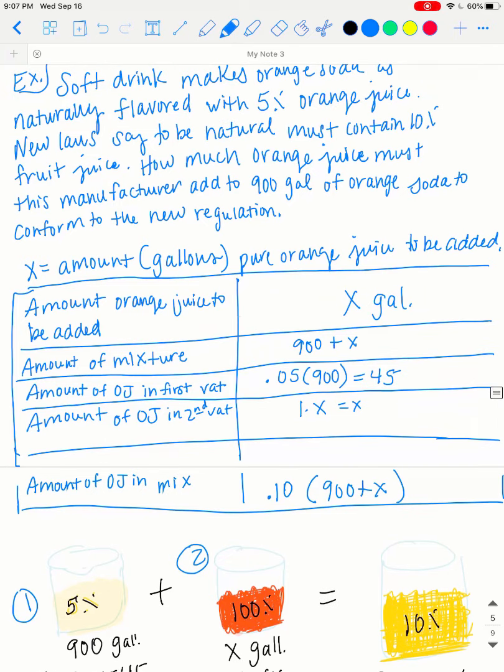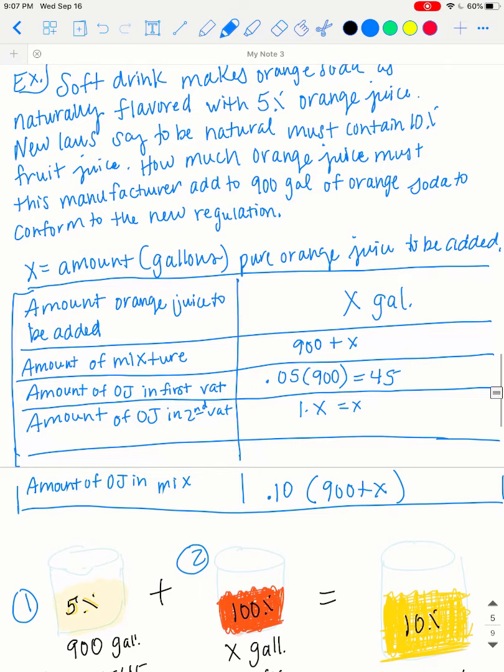The amount of our total mixture in the end is going to be the 900 gallons we already have made, plus however many gallons of fruit juice we're going to need to add to it to get it up to code.